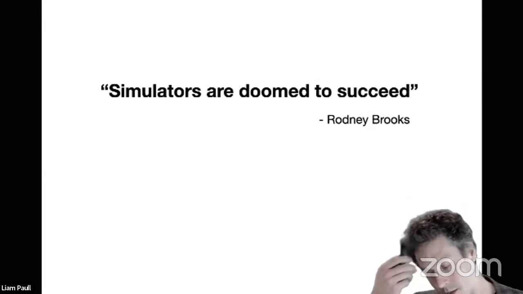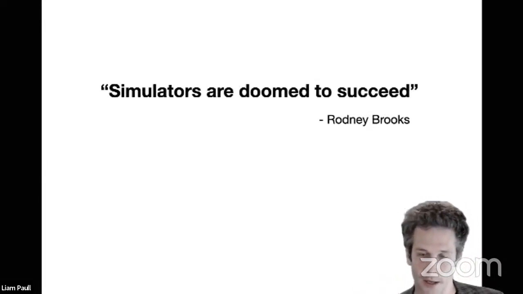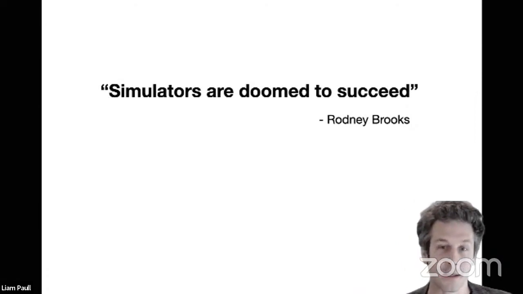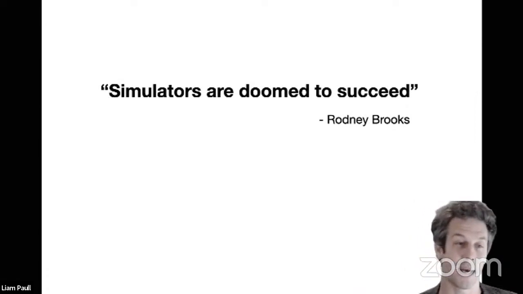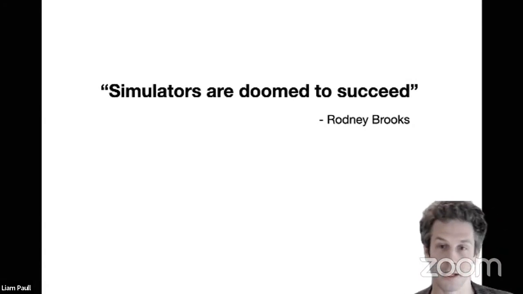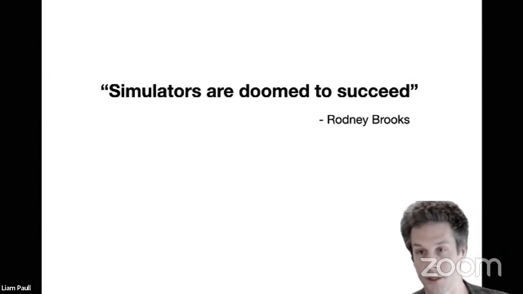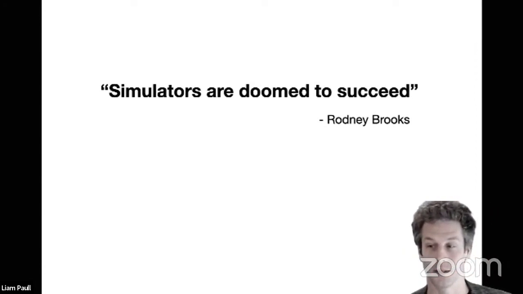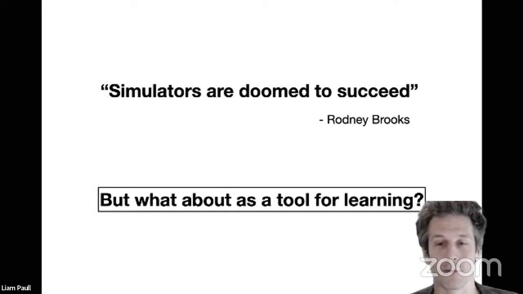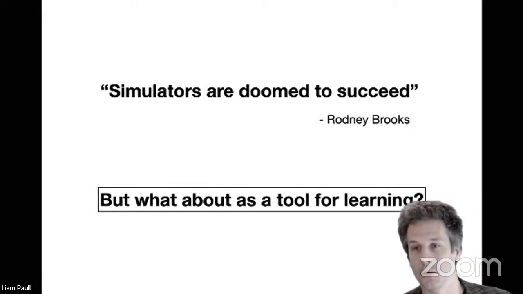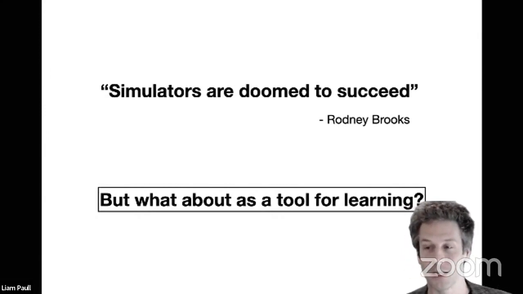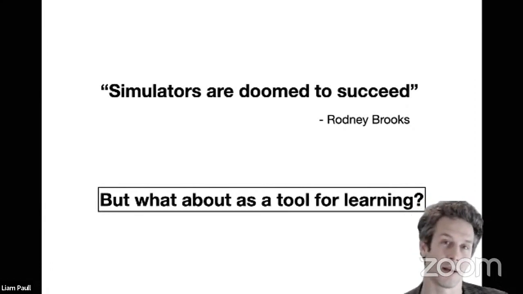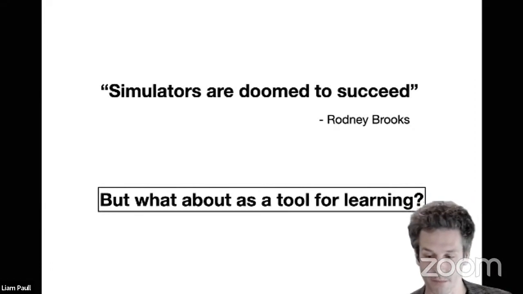Famously, Rodney Brooks, the former head of CSAIL, where I worked, quipped that simulators are doomed to succeed, meaning that you're always going to be able to overfit to your simulator, and it's going to give you overconfidence about how well you're actually doing on the real task. This statement was made before simulators were really a tool for learning. At that point, they were a tool for verification of algorithms. And now I think we need to rethink this mentality.